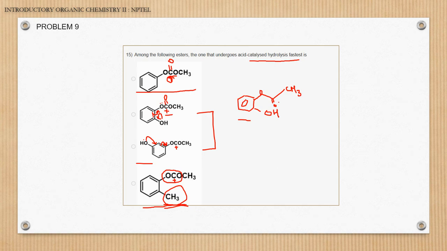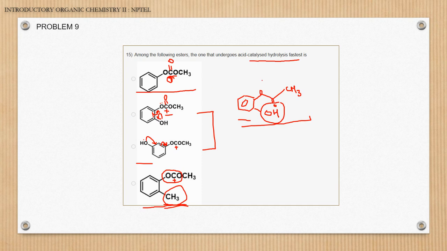Guys, this group can form a hydrogen bond. Is it possible? In the case of ortho-hydroxy alcohol, you will find that you can form an intramolecular hydrogen bond here, which will additionally stabilize your positive charge at this position, but which is not possible when your hydroxyl group is present at meta position.